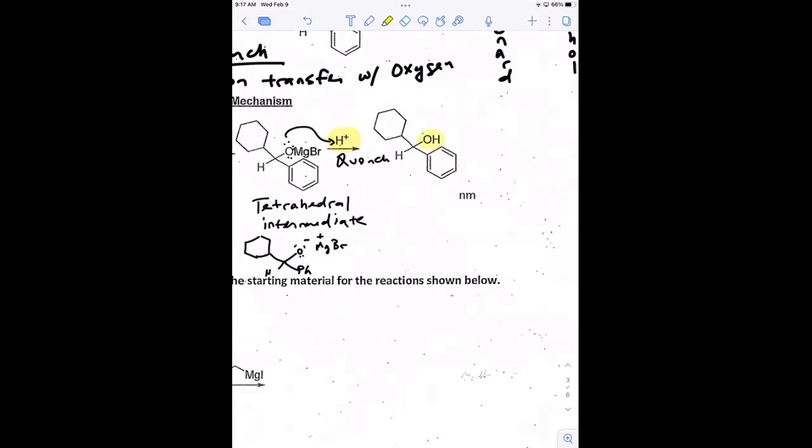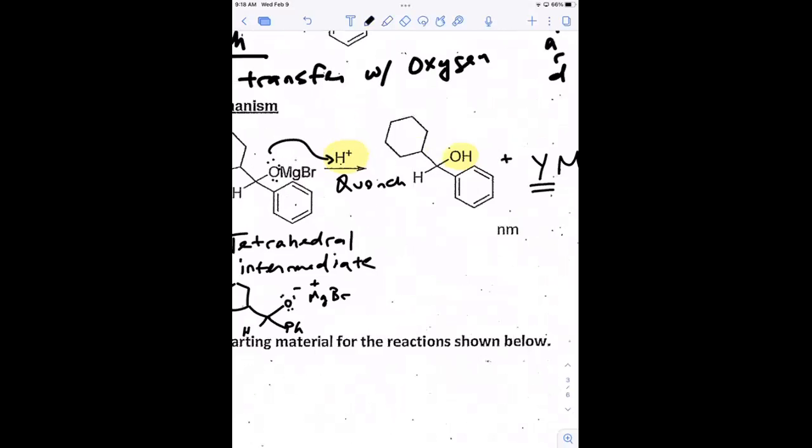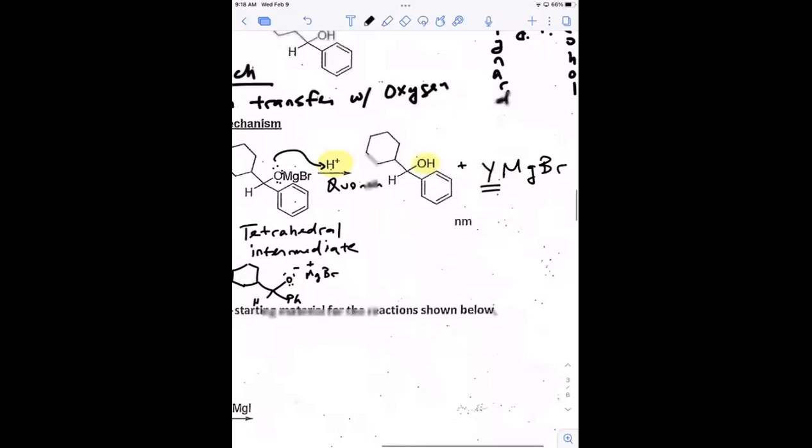All right, so it's that plus, and I'm going to put Y right here, because that proton had to come from somewhere. So whatever the acid is, the conjugate base of that acid is going to end up in a salt with magnesium.